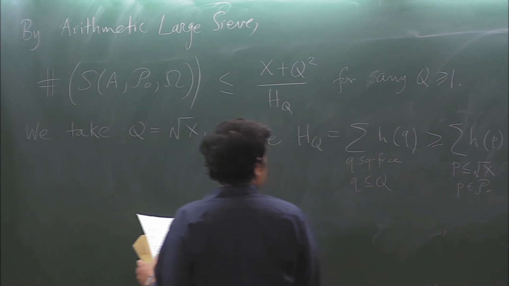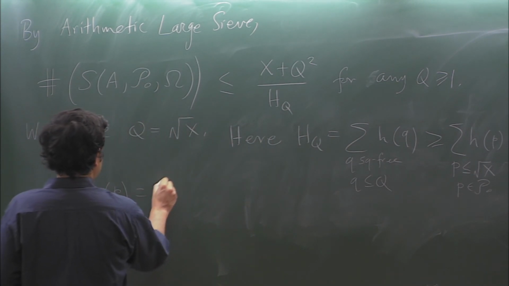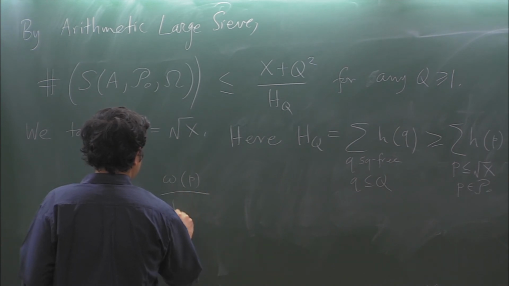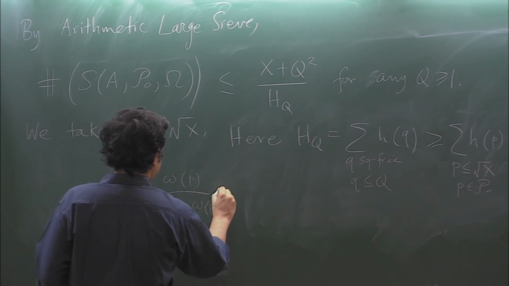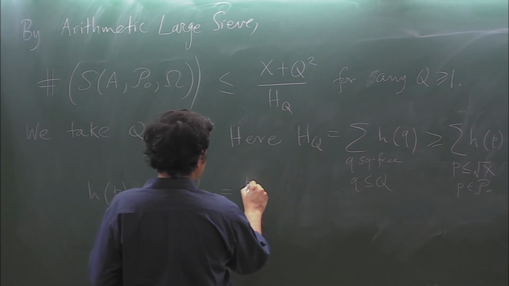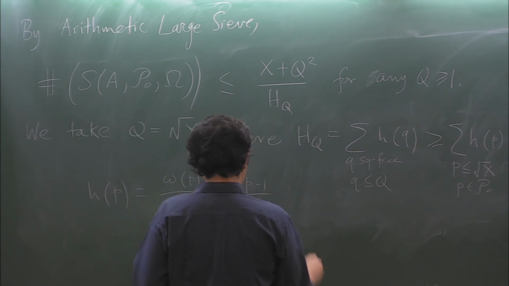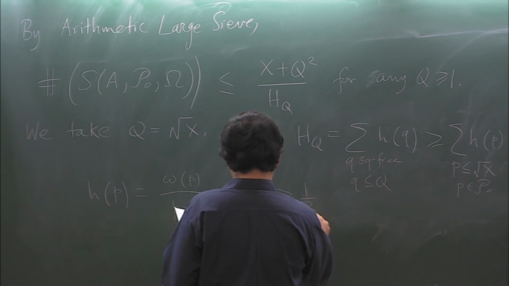And here, H_p is what? H_p is omega(p) over p minus omega(p). So in this case, omega(p) is (p minus 1) over 2, which is the number of non-residues. So this is (p minus 1) over (p plus 1), and that is always greater than or equal to 1/3.